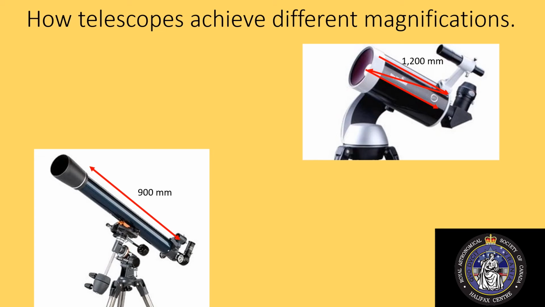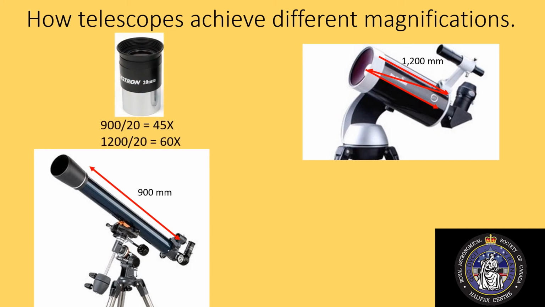Now to determine magnification, we take our eyepiece, so in this case a 20 millimeter eyepiece, and we divide the size of that eyepiece into the focal length. So for the Keplerian, that's 20 into 900 will give you 45x, or a magnification of 45. For the reflector telescope, we divide 20 into 1200 and we get 60x.